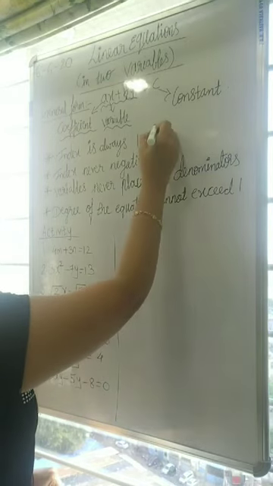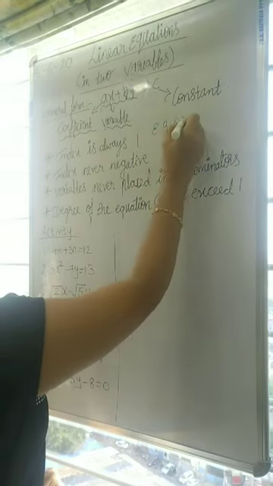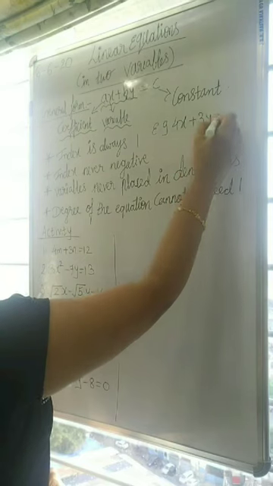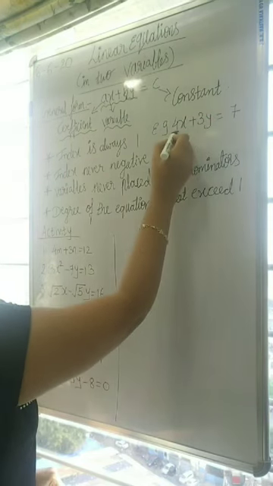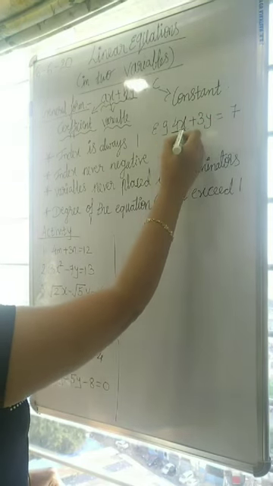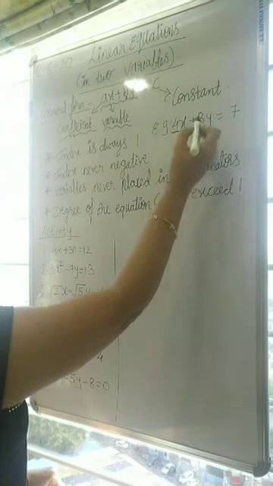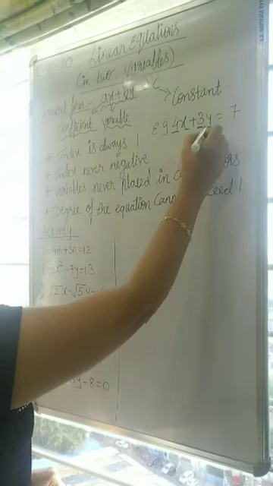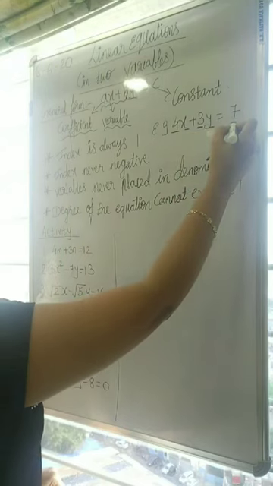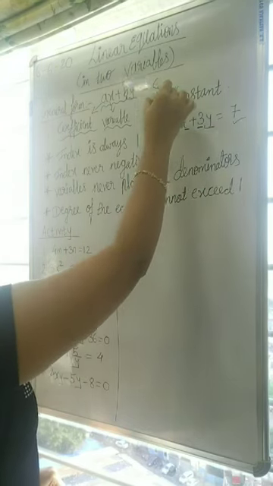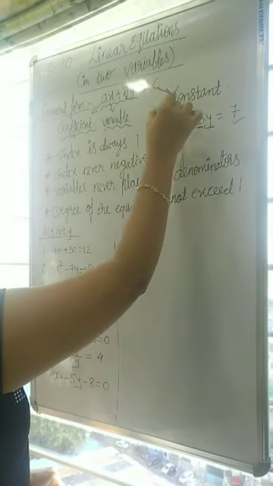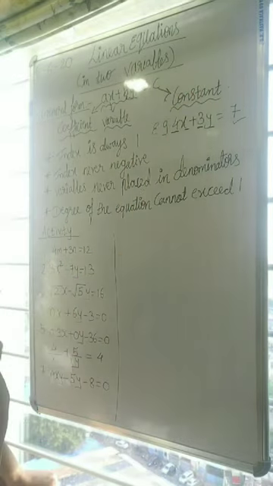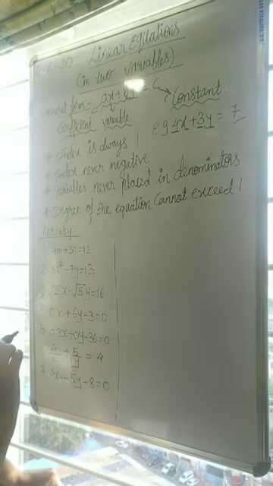For example, if I give 4x plus 3y is equal to 7, in this 4 represents our coefficient and x represents our variable. Same goes here, 3 represents the coefficient and y represents the variable, and 7, which is represented as c in the general form, represents our constant. This is how any linear equation's general form will be represented.